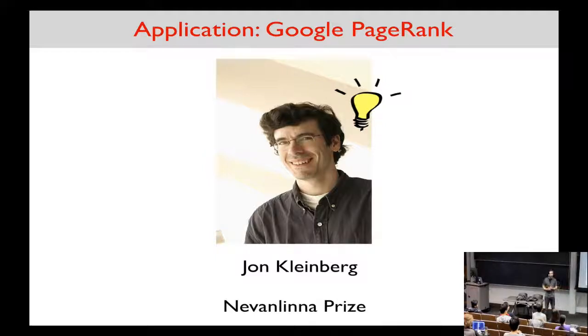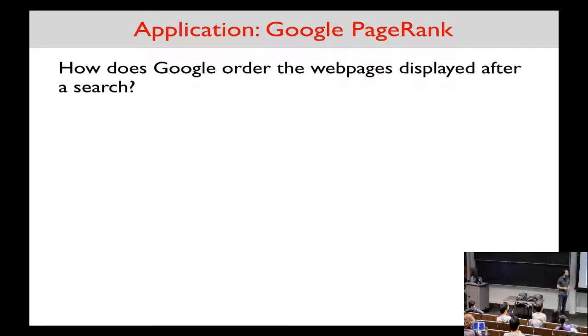The thing is, he didn't form a company with that idea, so he's not a billionaire. But he did win the Nevanlinna Prize, which is, in some sense, the Fields Medal for theoretical computer science. So he did well as well, I guess.